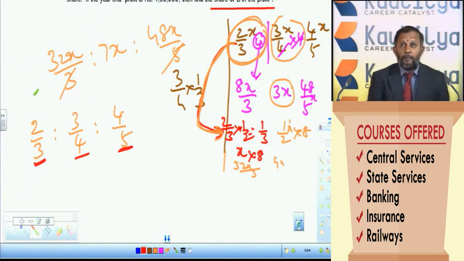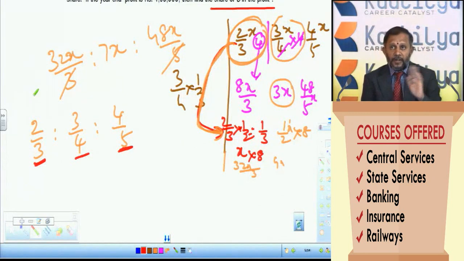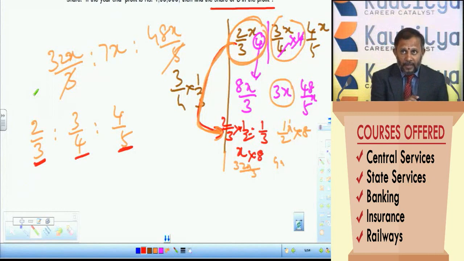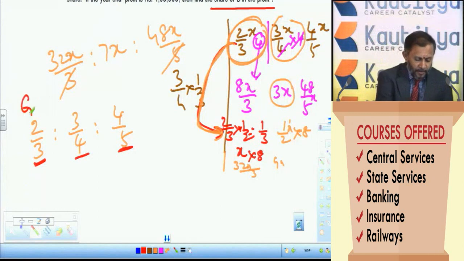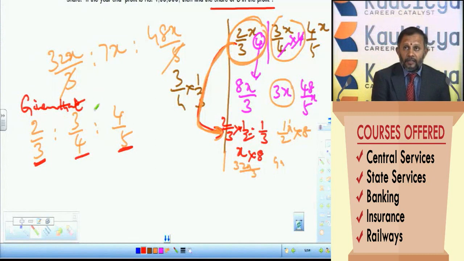So first of all, as I said earlier, there must be a difference. We have to observe a difference in the representation of the answer. So we can start the problem like this. Given that the investments of A, B, C are in the ratio 2 by 3, 3 by 4, 4 by 5, right?